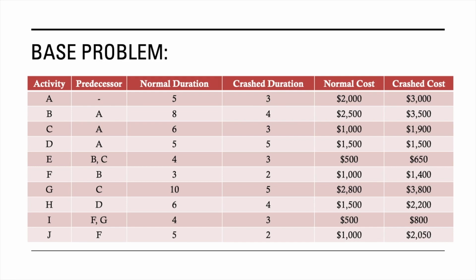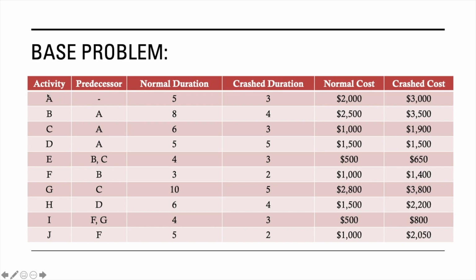The next two columns are costs associated with the different activities. The normal cost is the cost of doing a particular activity at its normal duration. The crashed cost is the cost of doing a certain activity at the crashed duration.